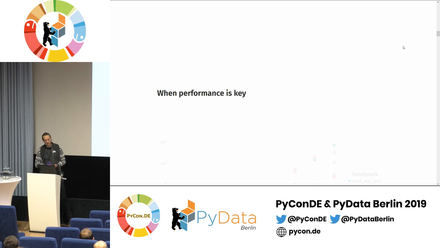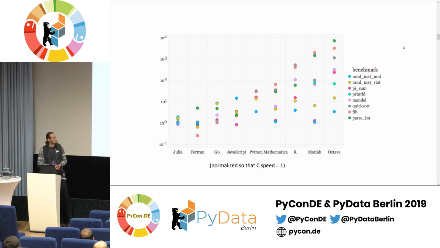Now, Julia is very famous for its performance. That's what it's known for. So that's definitely one of the biggest use cases. And you can see this nicely on the slide here. It's a few micro benchmarks compared to other languages. The baseline here is C. And you can see that Julia really nicely is around the C performance.